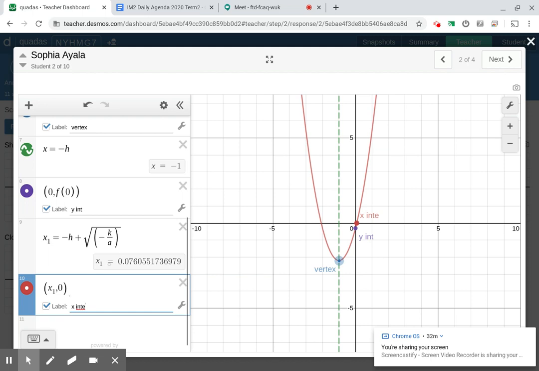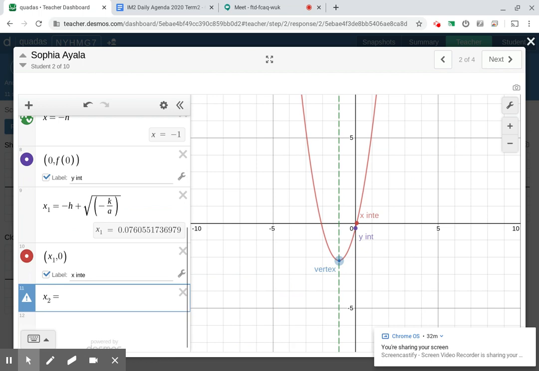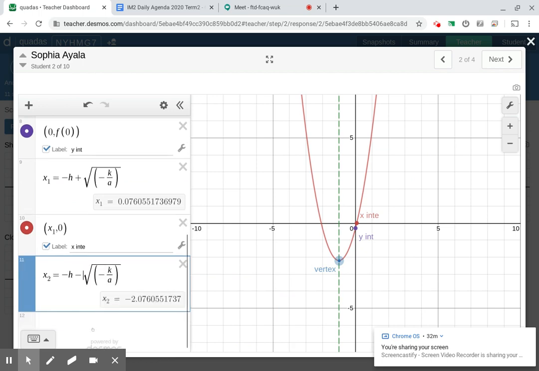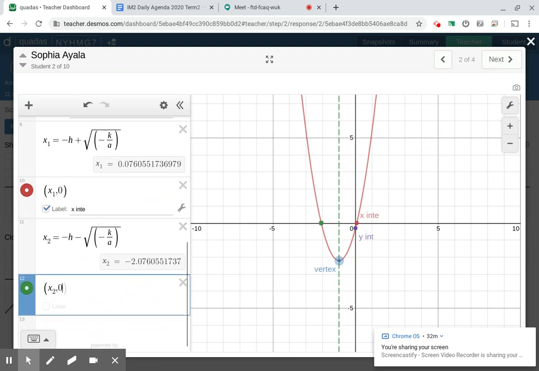And then the other one, the x2, will be the same thing, but it'll be minus. x2 equals, and then change this to a minus symbol. And then type in x2 comma 0. There we go. I got both of my x-intercepts now.